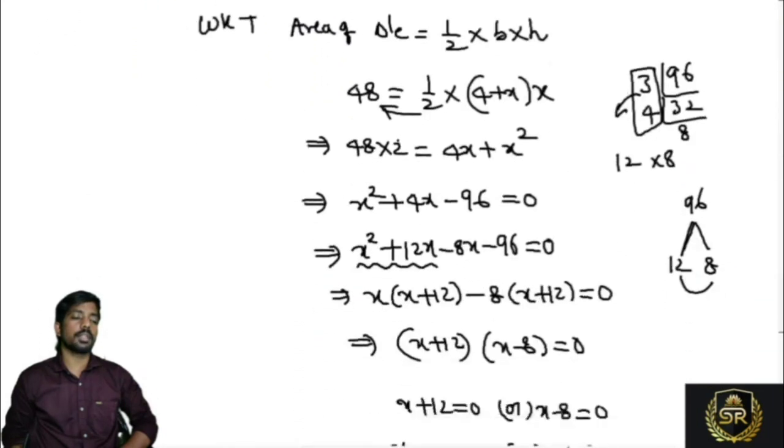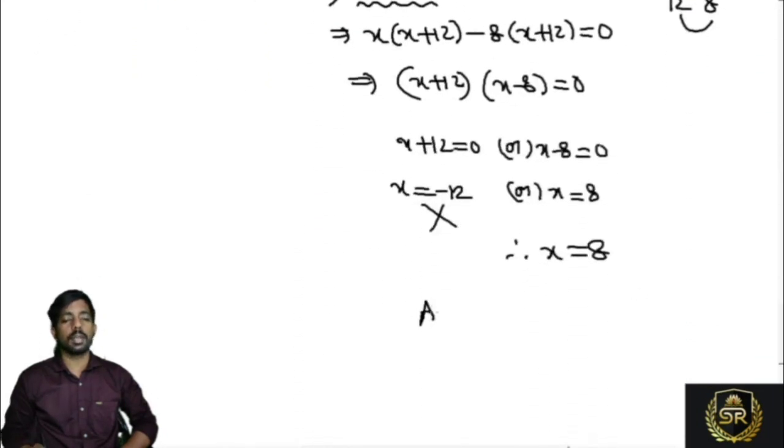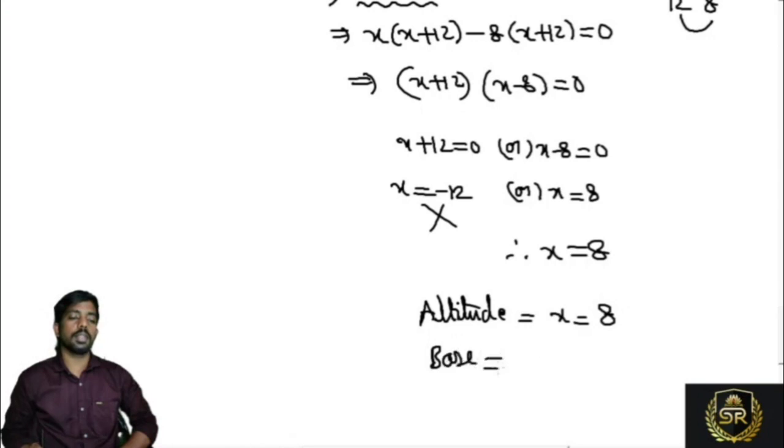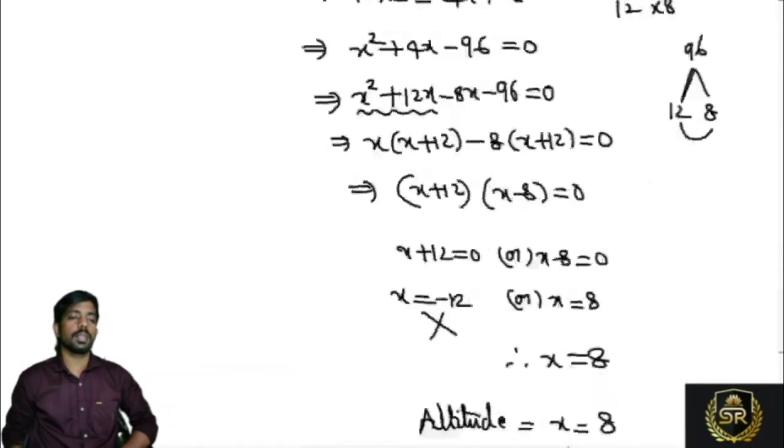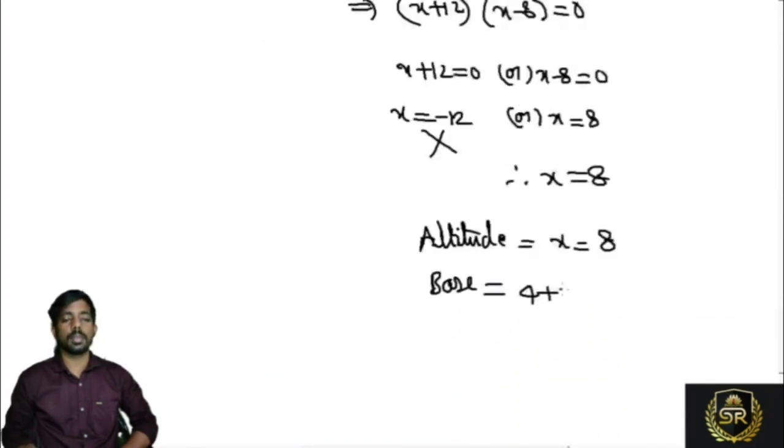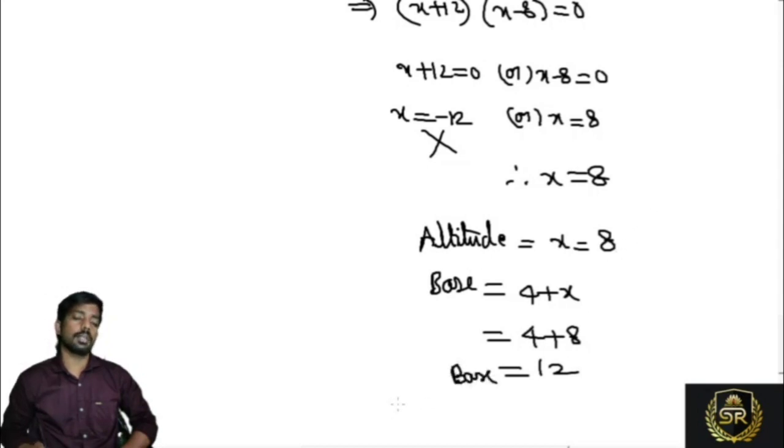The altitude is x, which we assumed, and the base is 4 plus x, which is 8 plus 4, so 12. Therefore the base is 12 and the altitude is 8.